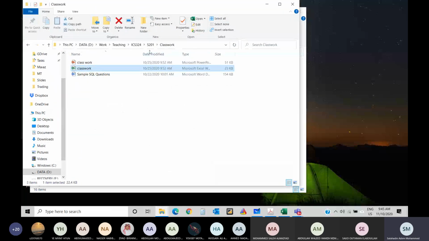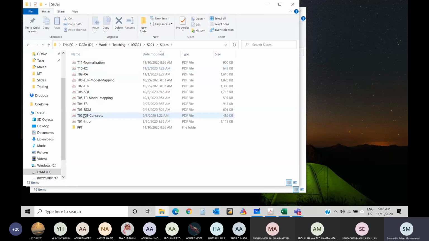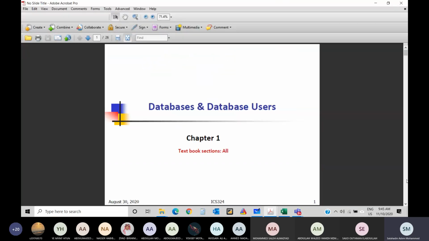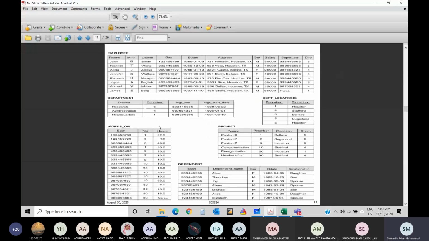Okay, classwork, slides. Let's go to these tables here. Do you see these tables? Is that clear for you? Yes. Now I'm trying to find out, is there functional dependency between P and O?